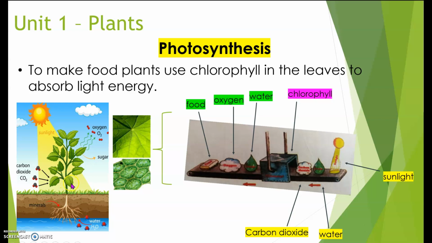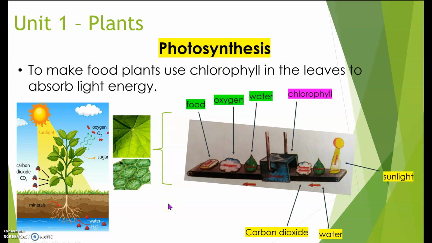Inside the leaf of the plant, there is a green pigment. This green pigment is called chlorophyll. So the plants use chlorophyll to absorb sunlight and also provide energy for the process of photosynthesis.